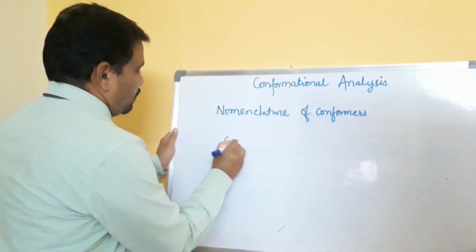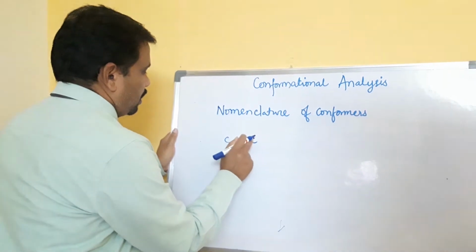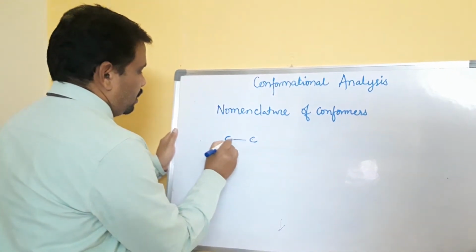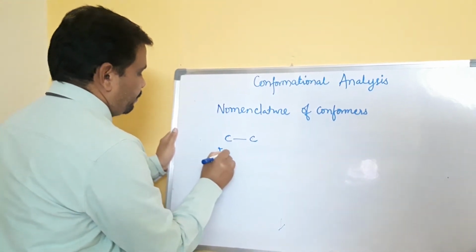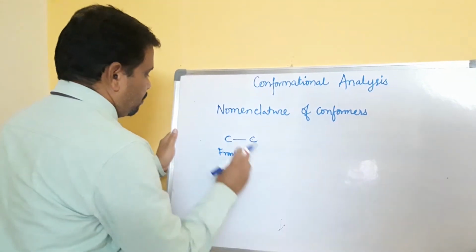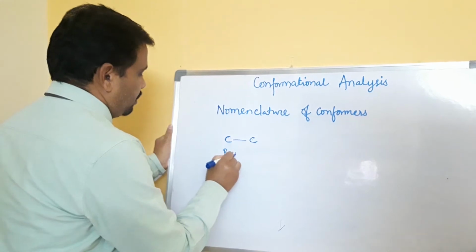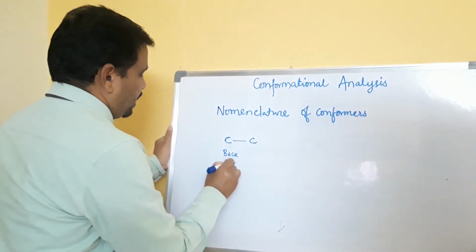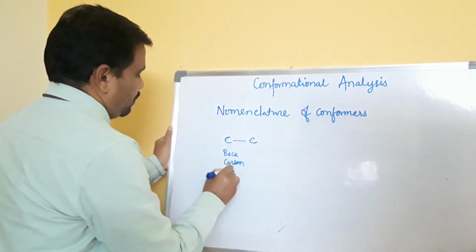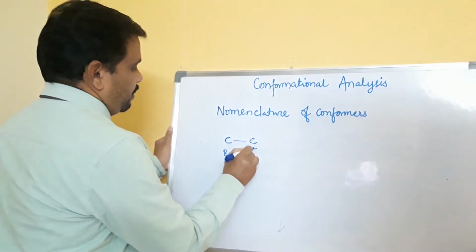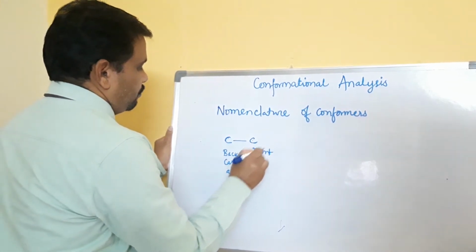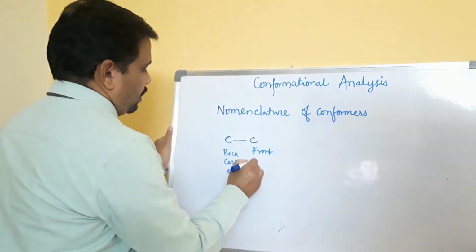Suppose these are two carbon atoms. This is the rear carbon atom, rear means back, and this is the front carbon atom.